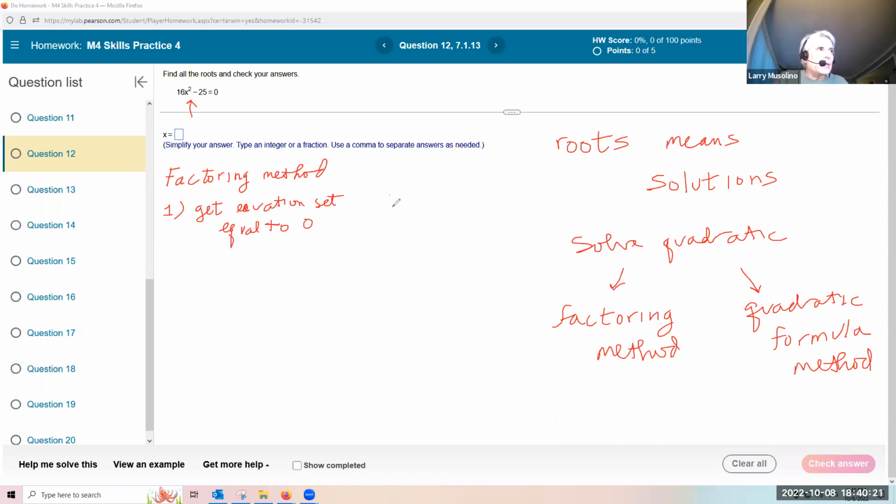So I don't have to do anything for step 1 here. So I'm just going to copy it down. Step 2 is factor the one side of the equation. All right, well, let me come over here. I'm noticing this is 16x squared minus 25. Well, I'm remembering a way to factor called the difference of two squares.